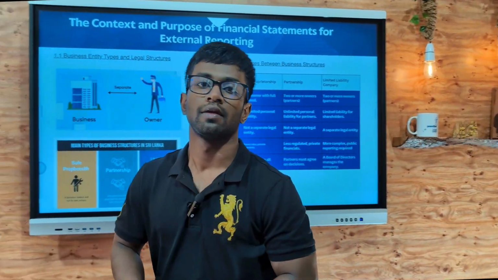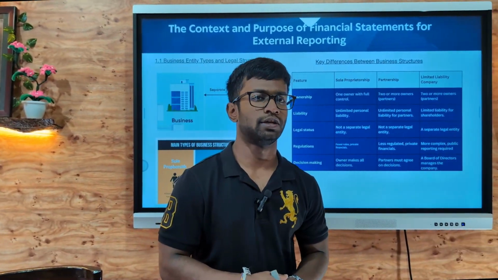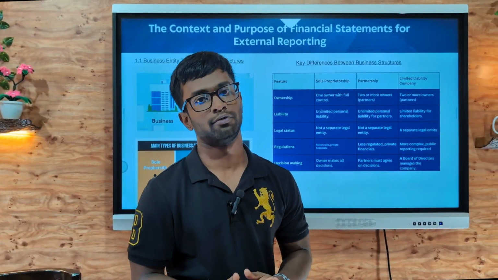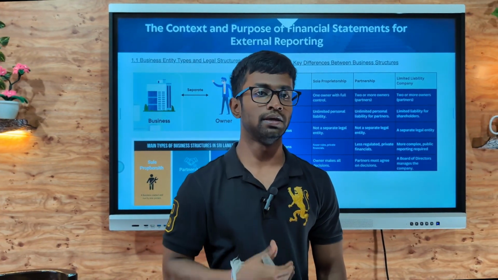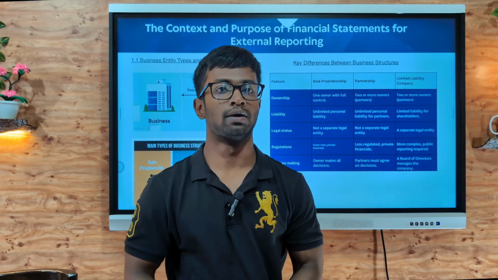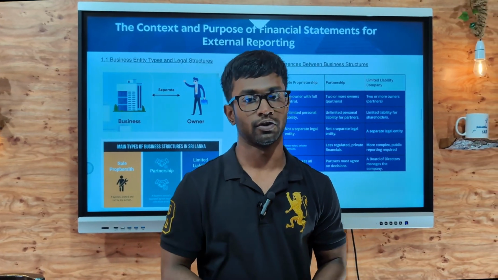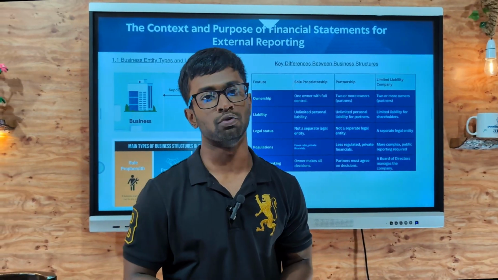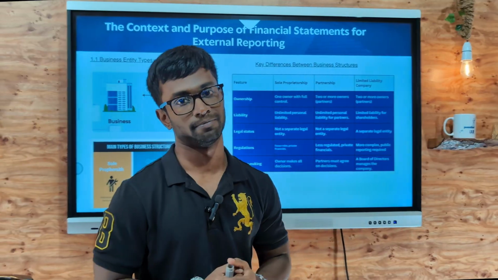Okay. Afterwards, we have limited liability companies. So, in a limited liability company, minimum you could have two, maximum you could have unlimited. There is no number when it comes to a company. You could have a lot of owners. Okay. So, as I told you, if you go and purchase a share of a limited liability company, you become an owner. See. Okay.